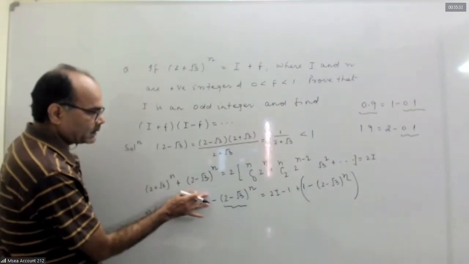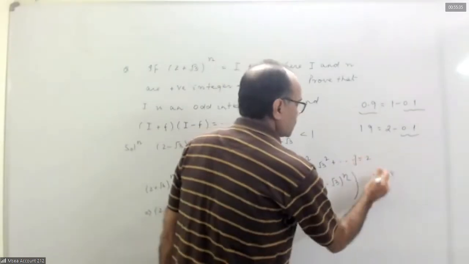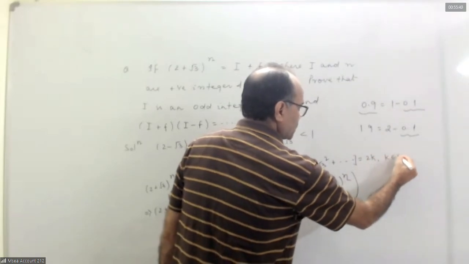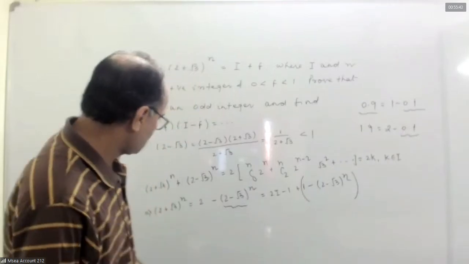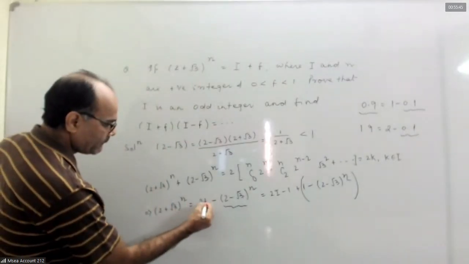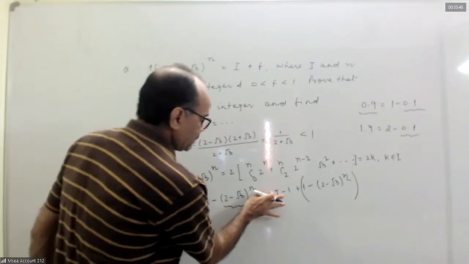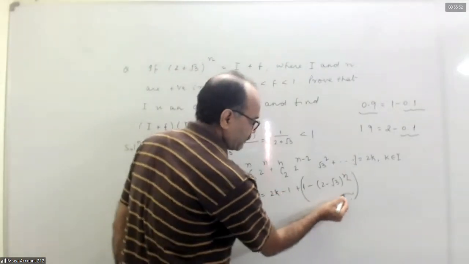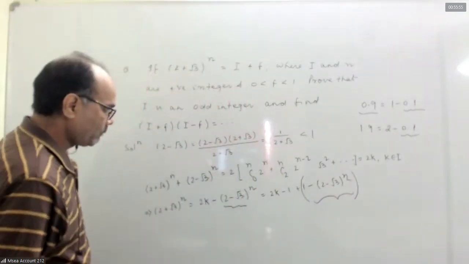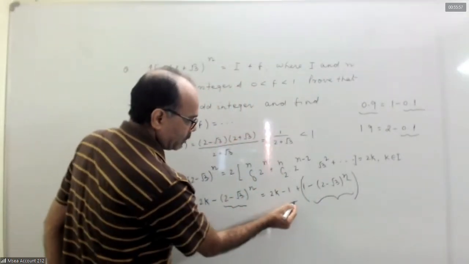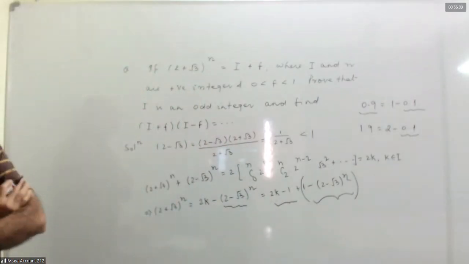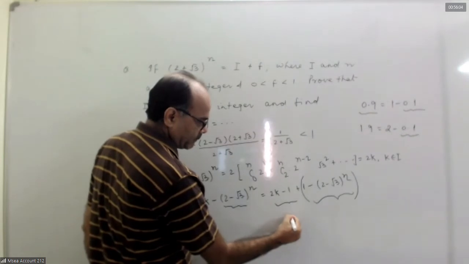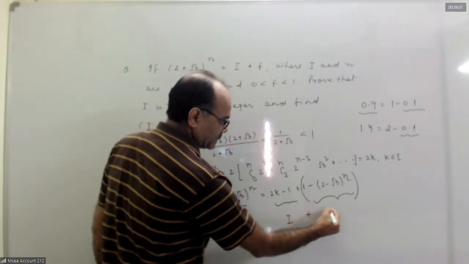This is some 2k, not I. It belongs to I. Adding and subtracting 1 to make it positive. Now, this is some integer I, plus this is some fraction f.